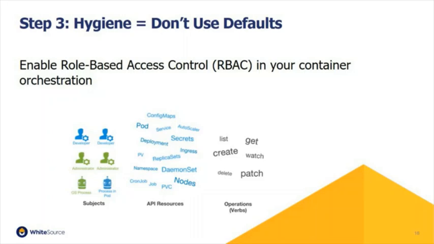Very, very, very often, I will see people put in role-based access control for what I'll call users, subjects, right? But they'll leave the API part wide open. Fundamentally, this isn't anything revolutionary, but it's important to remember to apply the basics to containers. Containers are not a get-out-of-jail-free card to avoid your basic security hygiene.